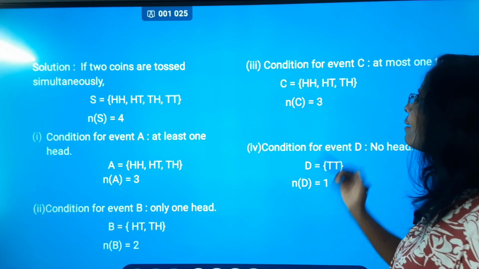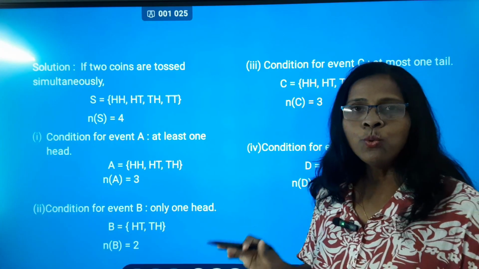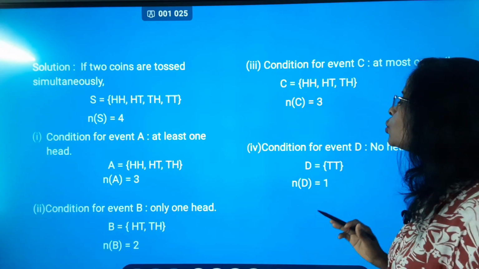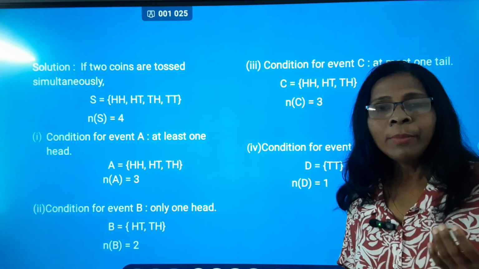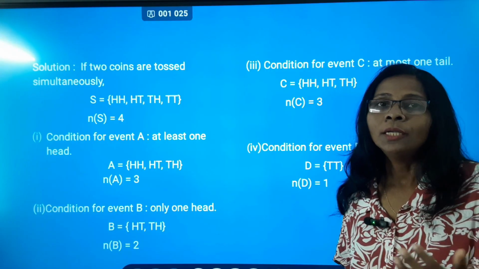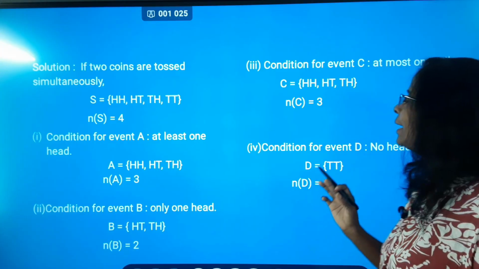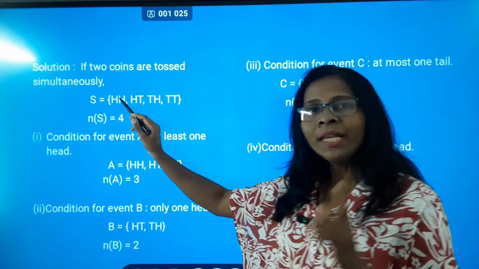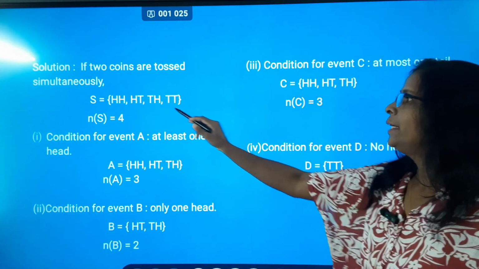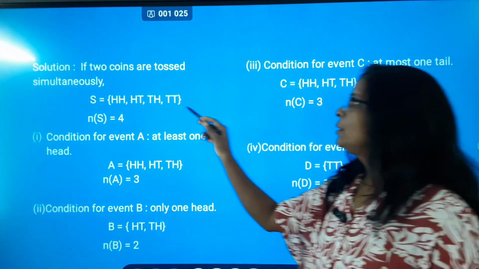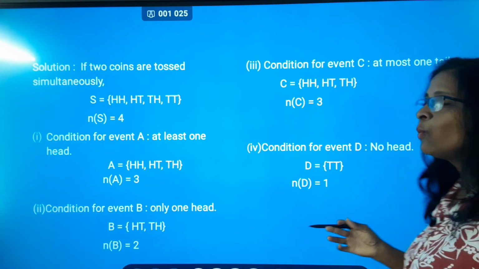Now the third condition is at most one tail.